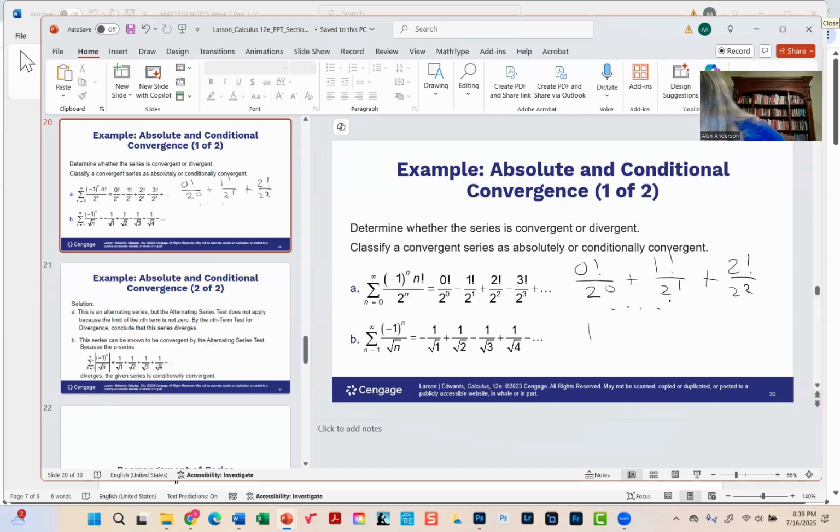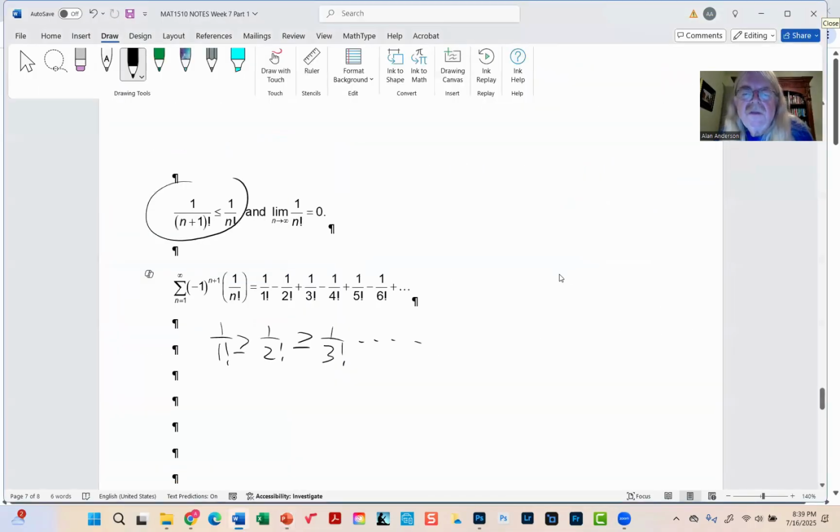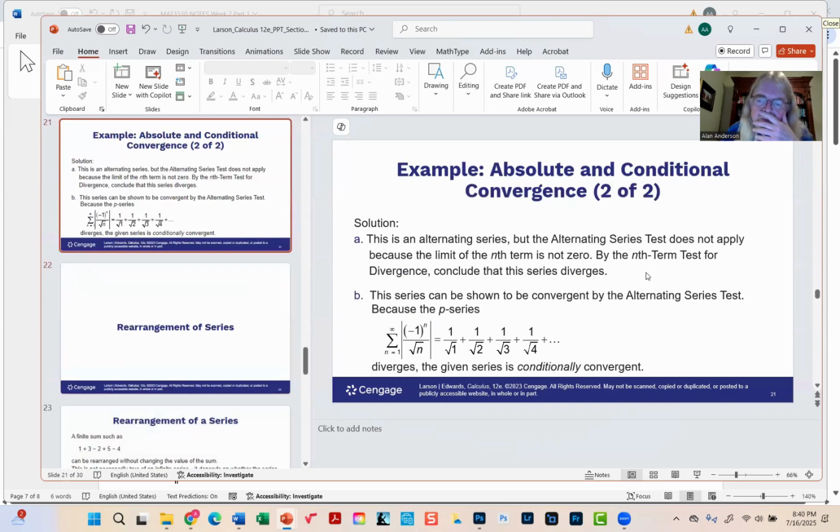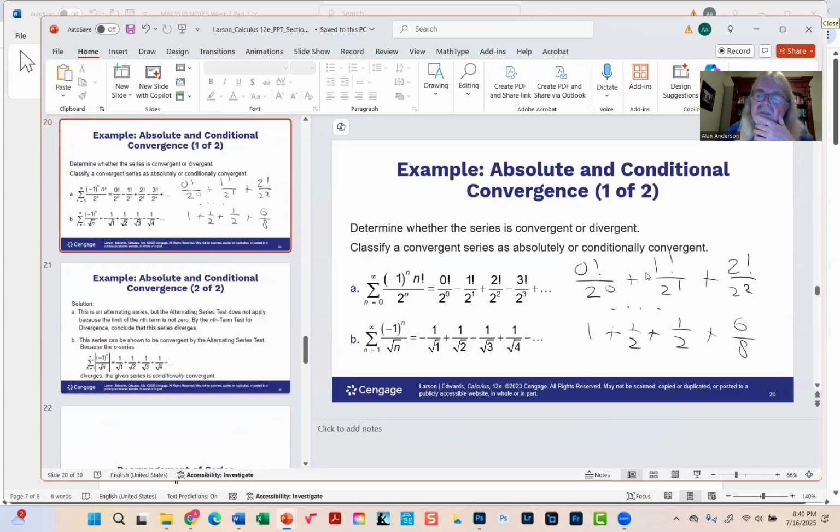Should be what, 1 plus 1 half plus 6/8. So therefore, so yeah, see what they're getting at is the limit is not 0.